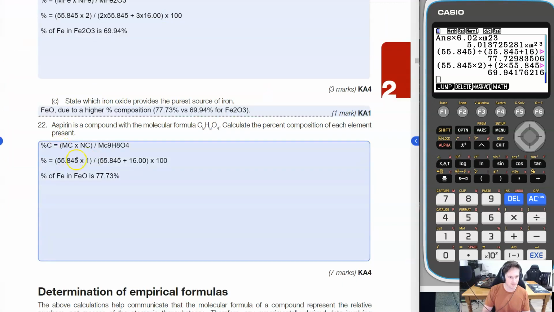So that will get the molar mass of carbon, which is 12.01. We checked that before. Times by how many atoms of carbon? We've got 9. Divided by the molar mass of the whole thing.